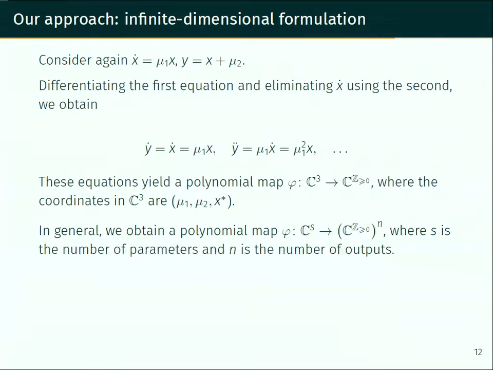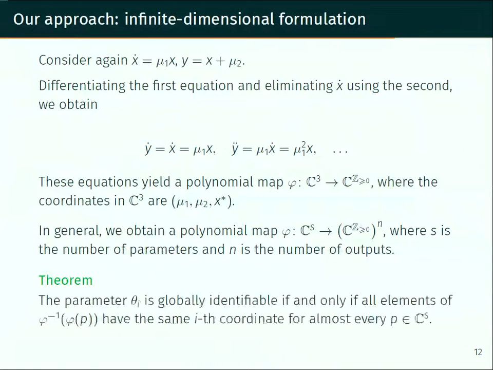In general, you have s parameters and you have several outputs. In the same way, you can obtain a map from C^s, from a parameter space, to a certain infinite dimensional affine space. So this is almost an algebraic context. You have polynomial maps. Polynomial maps are algebraic objects.